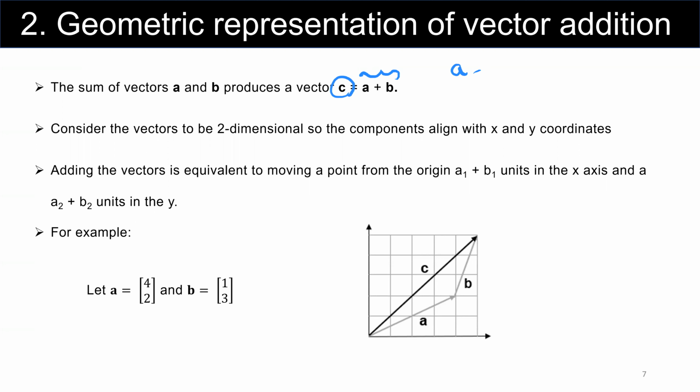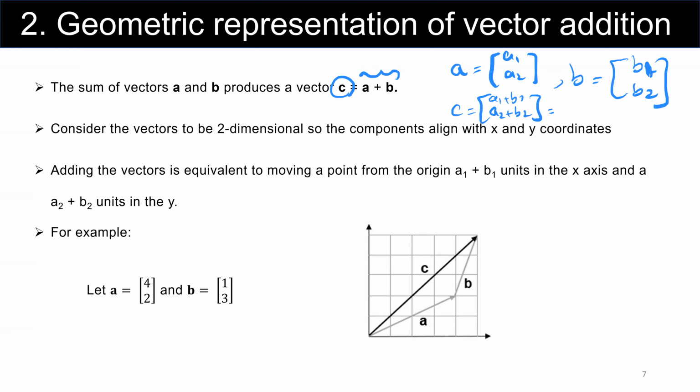That means vector A has two elements, two components, and vector B has two components, and vector C, which is their summation, also has two components. So adding the vectors is equivalent to moving a point from the origin, A sub 1 plus B sub 1 units on the x-axis, and A sub 2 plus B sub 2 units on the y-axis.